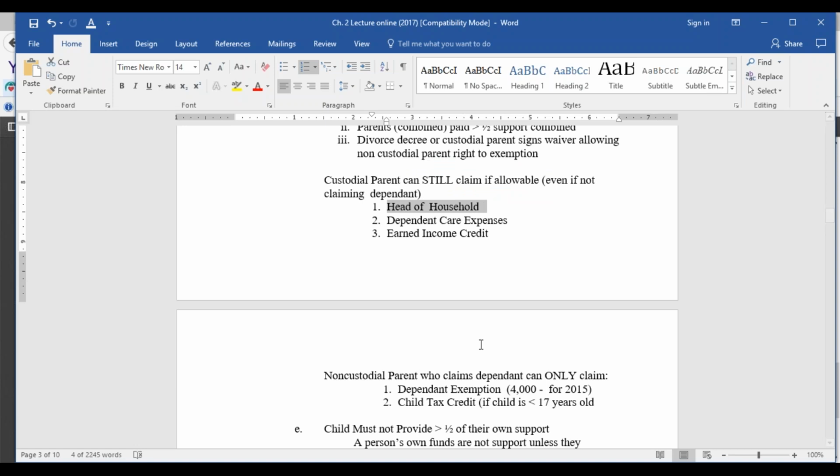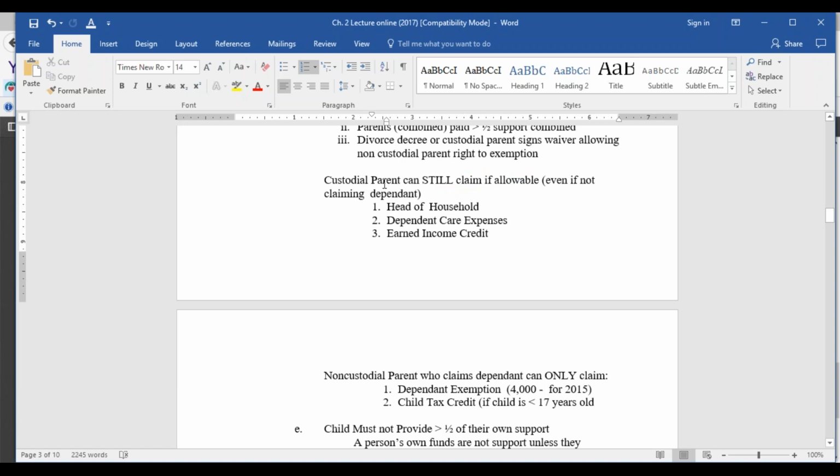So there is a rare situation here where you don't have a dependent listed on your return, but you're still able to claim head of household. If that happens, then there is a box up in the filing status in the head of household that says, enter the child's name and social security number here if you did not claim them as a dependent. And that would be the situation. You did not claim them because of some divorce decree.